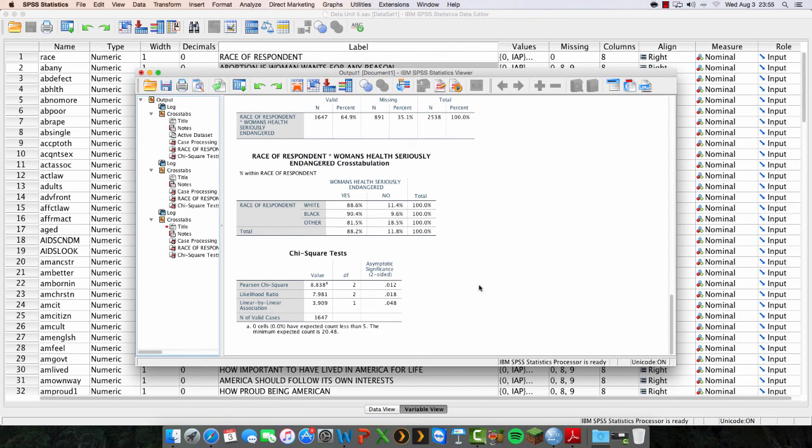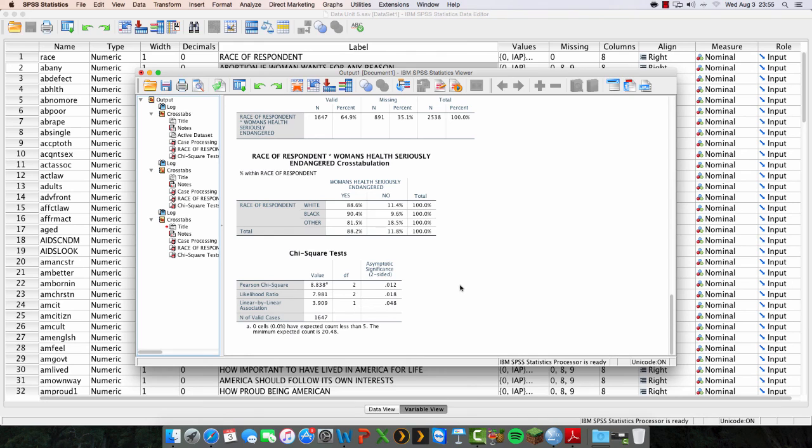Let's check our Pearson's chi-square. Pearson's chi-square, value of 8.838, 2 degrees of freedom, and a p-value of 0.012, below our critical value of 0.05. In this case, we reject the null and say some statistically significant relationship exists between race and opinion on this question.